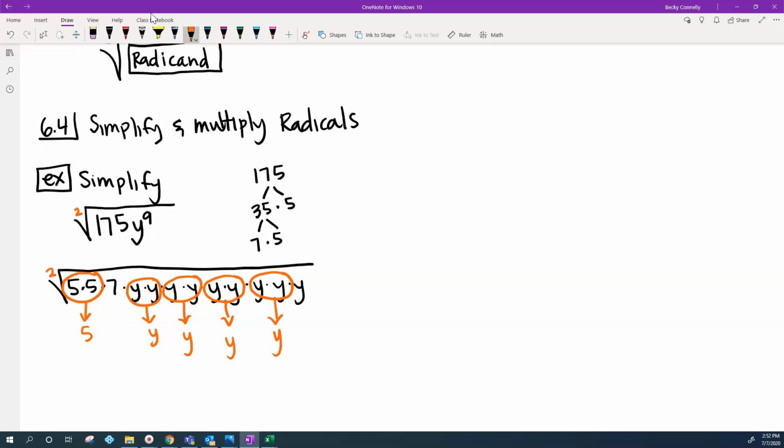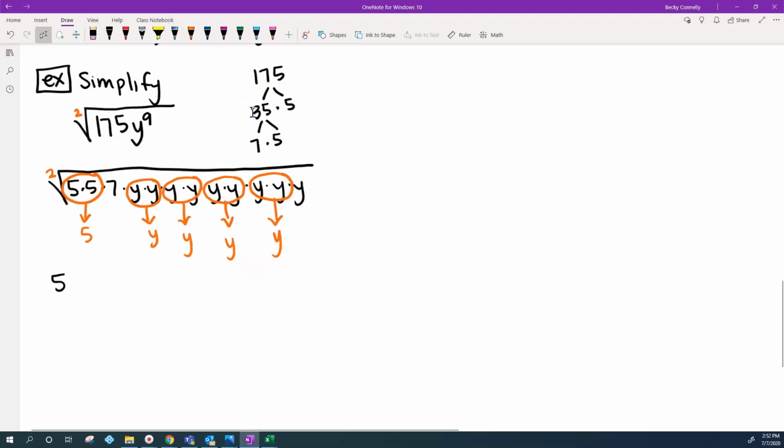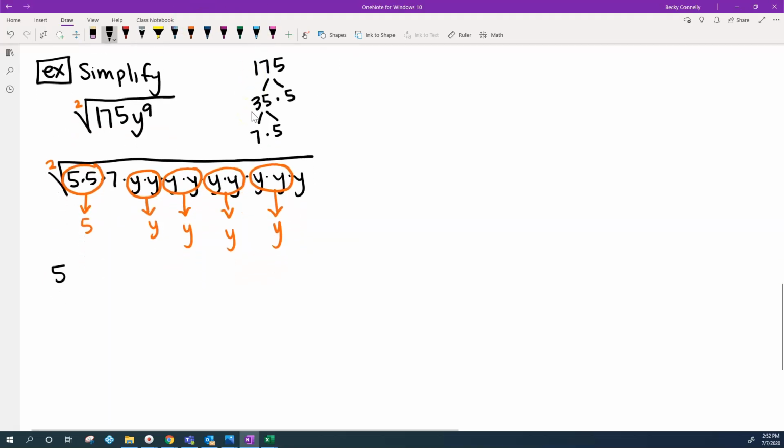So what gets to come out is 5 and then y to the 4th power. And then stuck inside my square root is my 7 and my y. And so that would be my answer for this. Okay, questions on that?